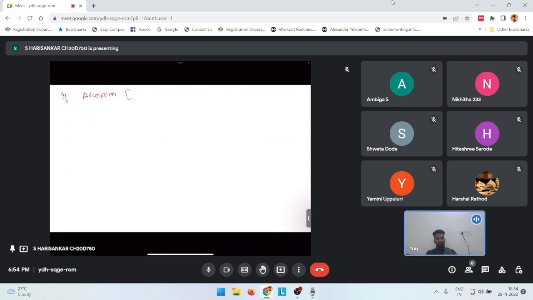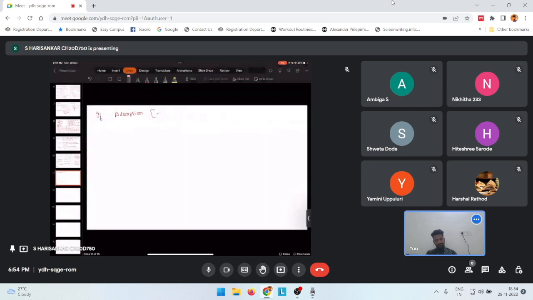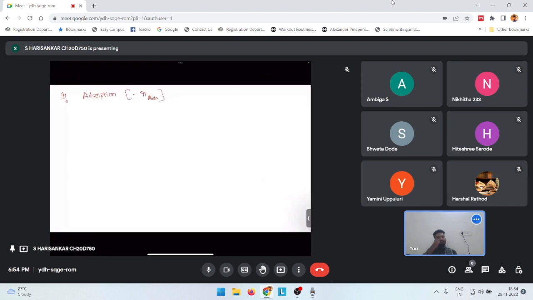Let us represent the rate of adsorption as R adsorption, and let us say this is the rate determining step.